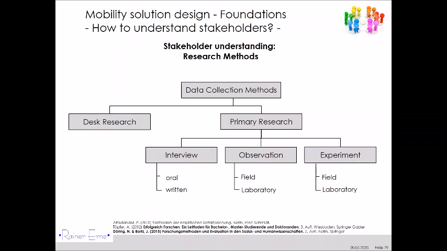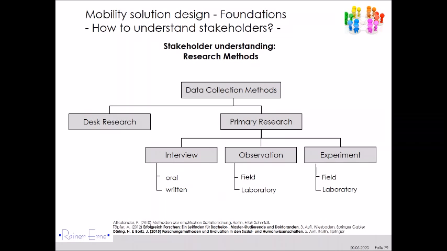Before you go and ask users what they want and what they need, do desk research. Be informed how many motorists or users do we have, from where to where are they commuting. This is all information you usually get from desk research, that means from Google mostly.